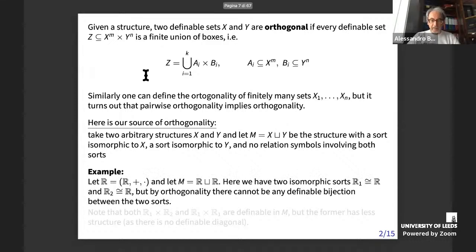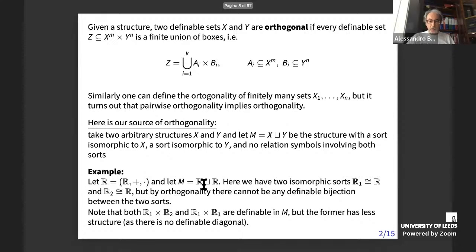So for instance, you can take two copies of the reals and make the disjoint union of them. Here it's important to notice that although the two sorts are isomorphic, of course, by orthogonality there are no definable bijections between the two sorts. So it's really two sorts of the reals, non-interacting.